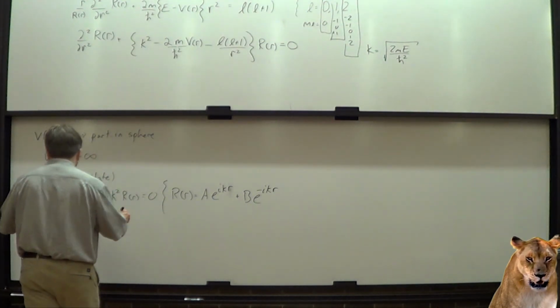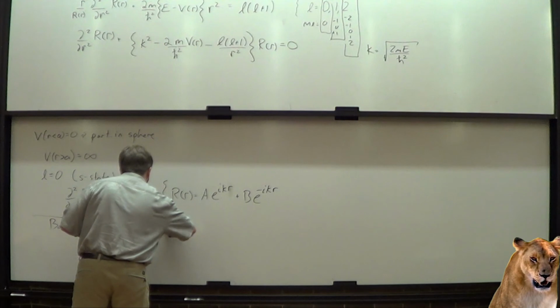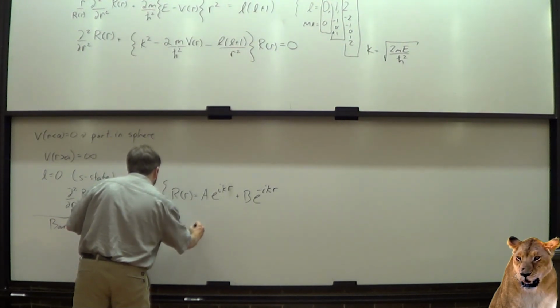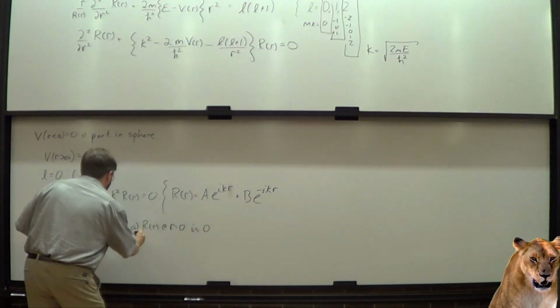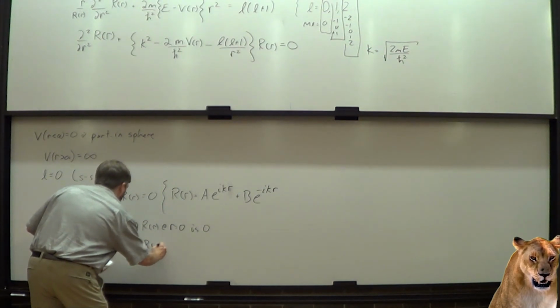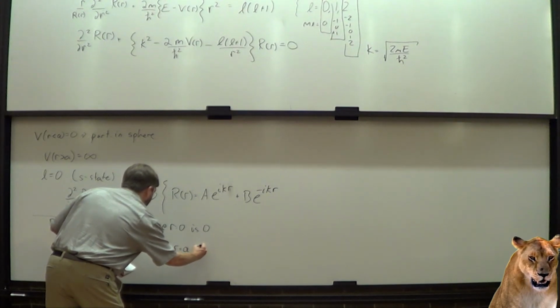And we have two. R of r at r equals 0 is 0. And then, of course, just like particle in the box, R of r at r equals a is 0.